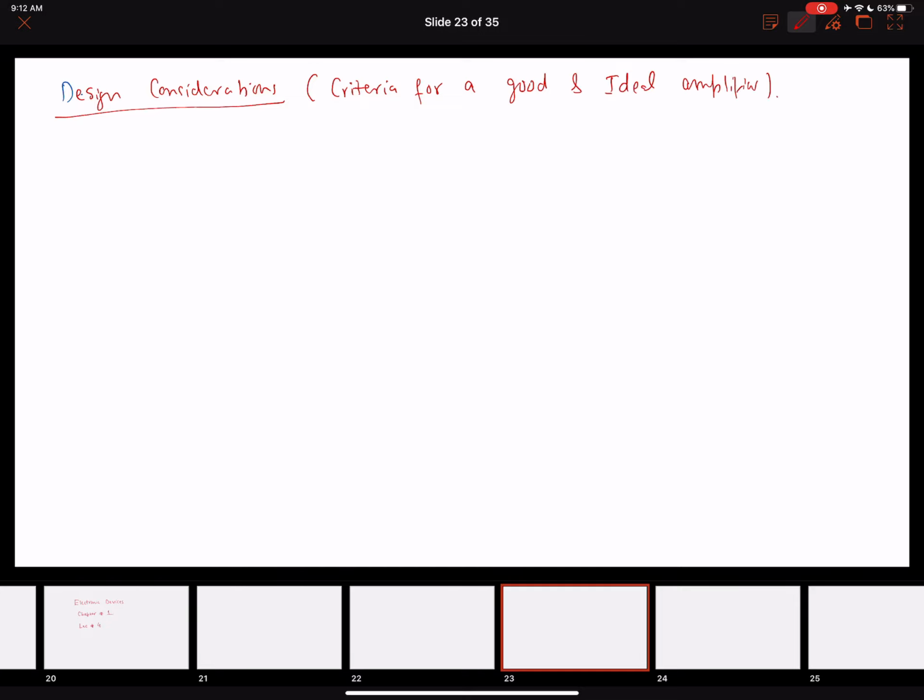So we want to come up with the criteria for a good amplifier.